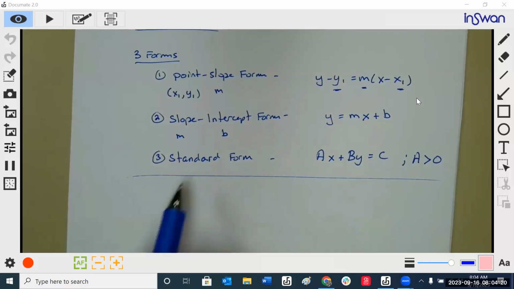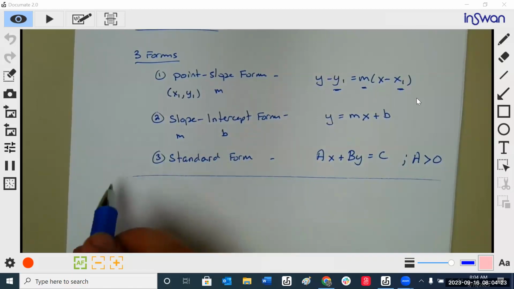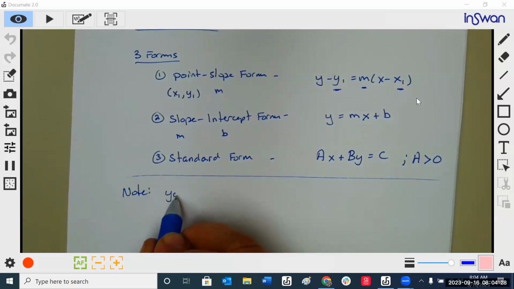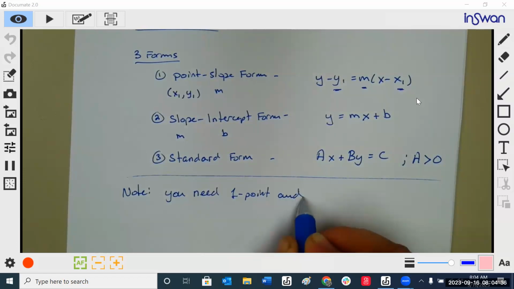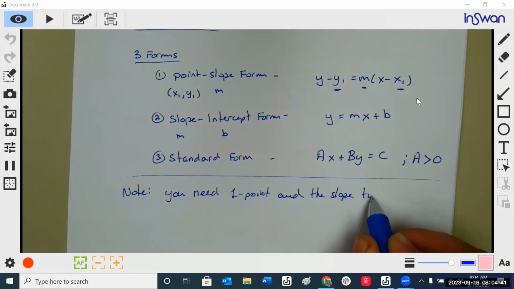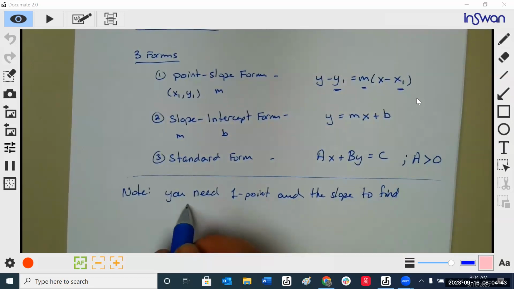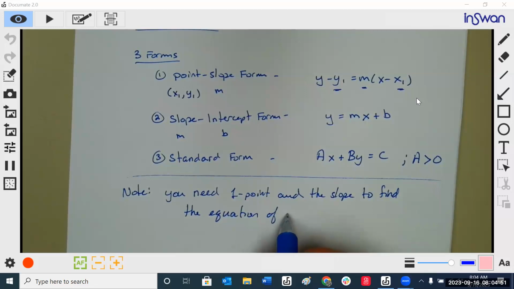All right. So if I give you 2 points, remember, you need 1 point and the slope to find the equation of a line, which I'll simply call EOL.